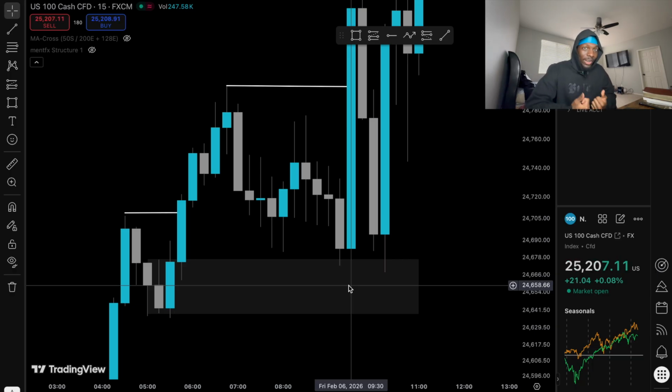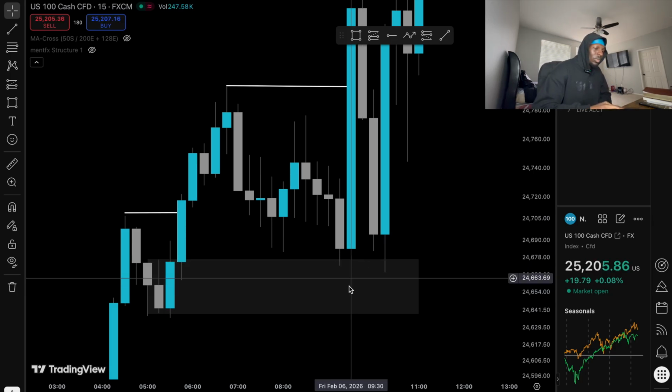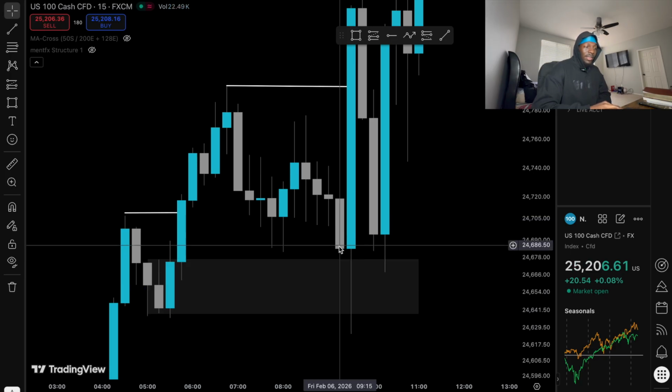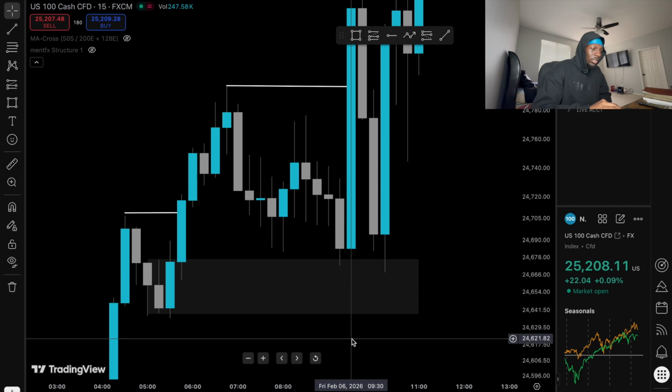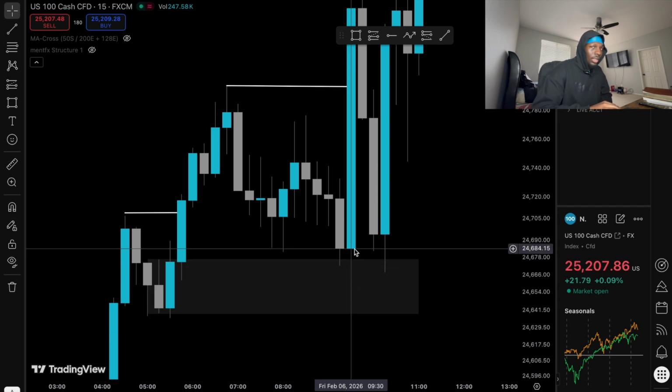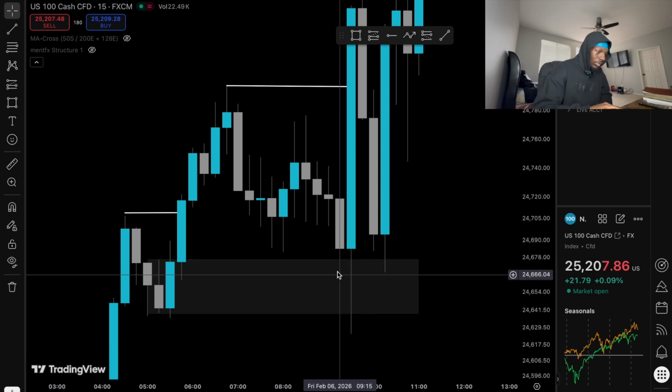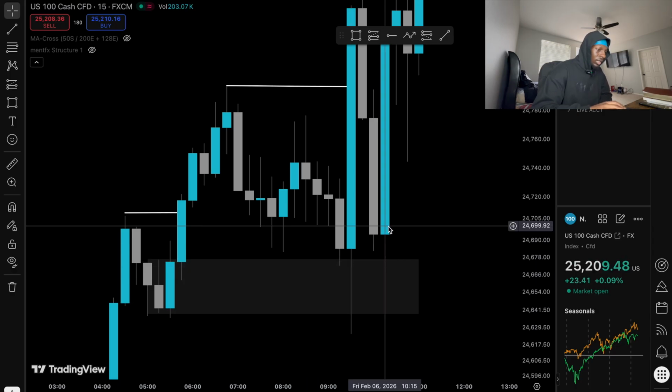And the buyers are fighting back, showing them, yes, we're here. So that's why you see price keeps wicking this level, because they're fighting, but the buyers are winning. The buyers keep pushing price back up like, nah, we're here. Push right here, push right here, push again.